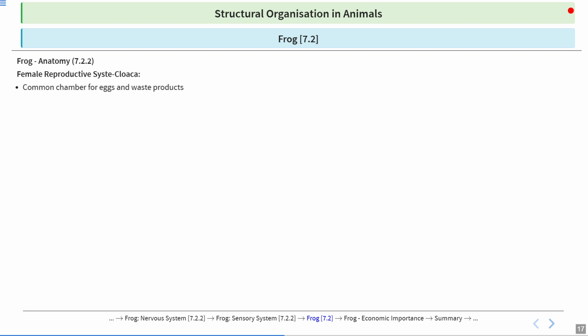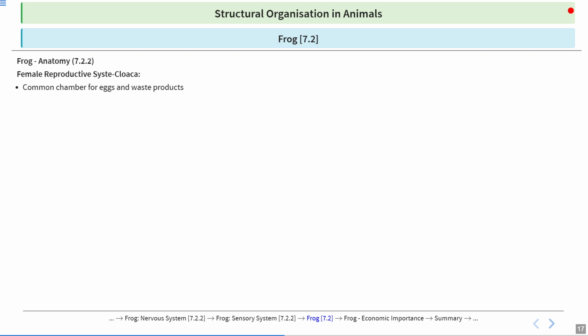Common chamber for eggs and the waste product. Here also, in the case of the female, this cloaca is a common chamber. So excretory substances are also eliminated out from this cloacal chamber, and the reproductive gametes, whether in the case of male or female, right? The eggs in the case of female are released from the cloaca, and sperm from the male is released from the cloaca.